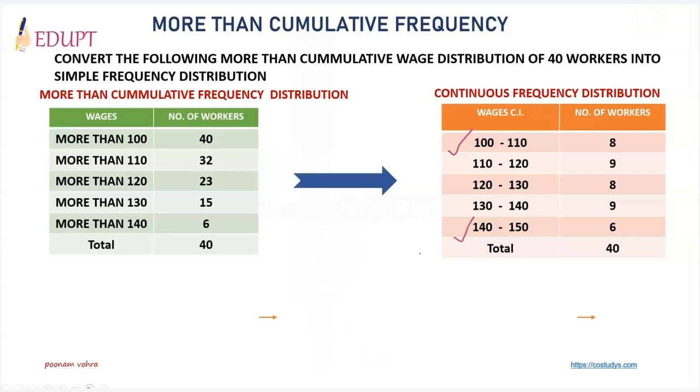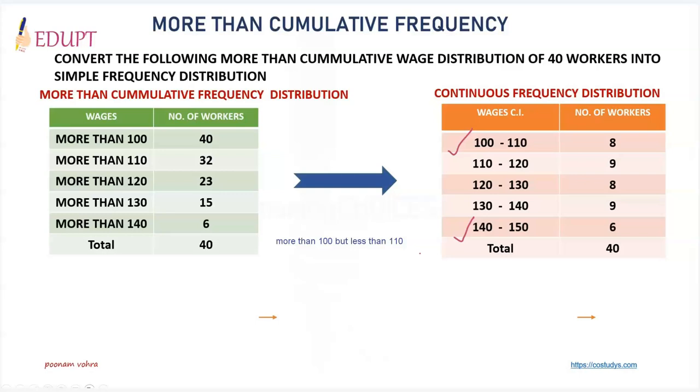Now we need to convert the cumulative frequency into simple frequency. More than 100 and more than 110. It is 40 and 32. It means we need to find out how many are getting wages more than 100 but less than 110.